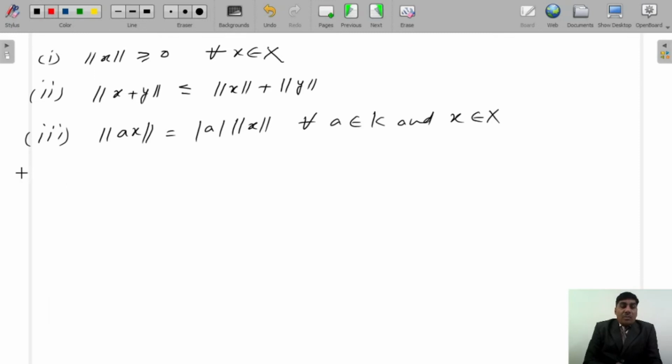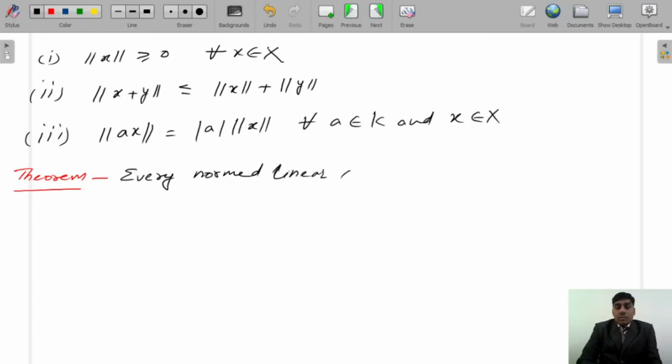The next theorem: every normed linear space is a metric space.